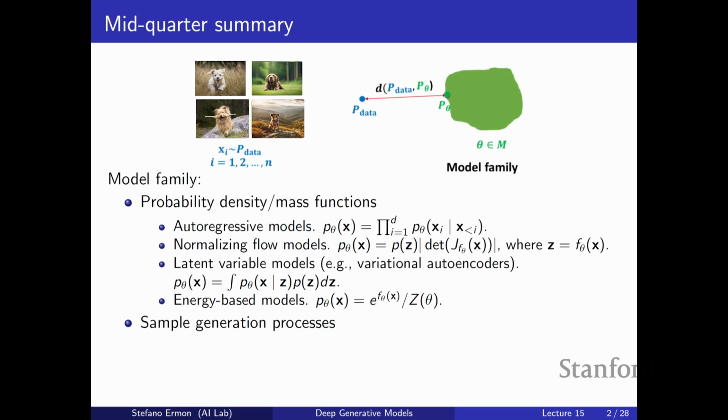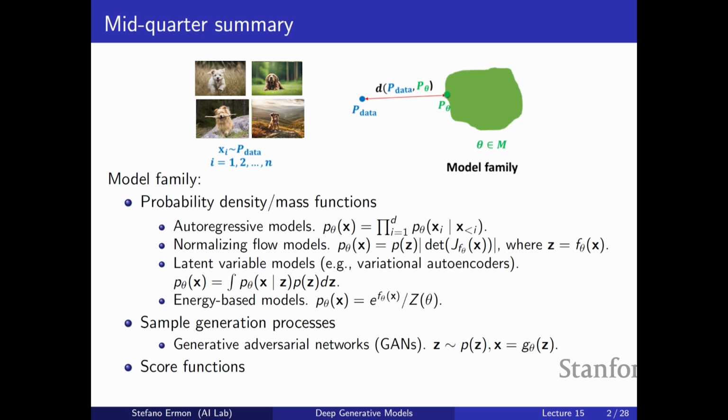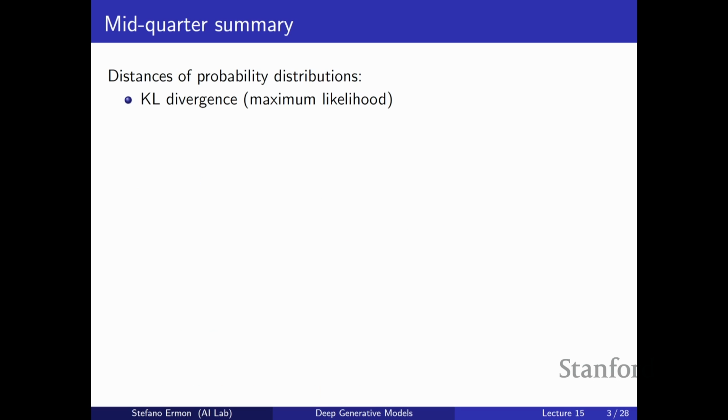We've also talked about generative models where, instead of representing a probability density function, you represent the sampling procedure directly. Generative adversarial networks would be one example. And then we've talked about score-based models, where instead of representing the density, you represent the score, which is essentially the gradient. That's yet another model family that you can use to model your data.